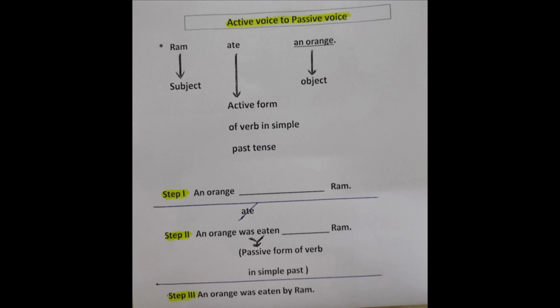Here friends, one must remember that once the interchanging is over, means the object has become the new subject, the verb will change according to new subject, but the tense will remain the same. Here, an orange has become the new subject.